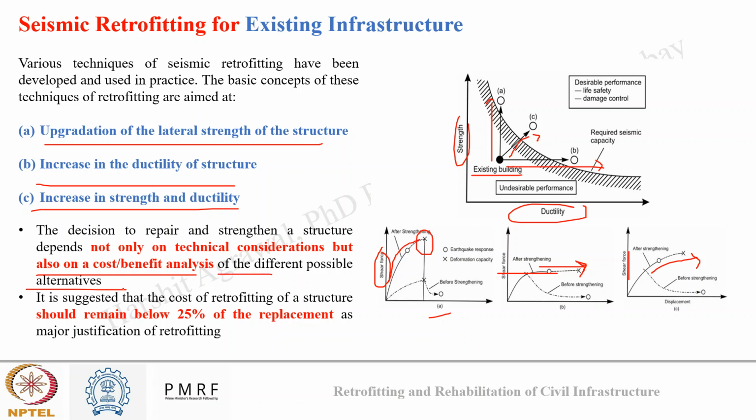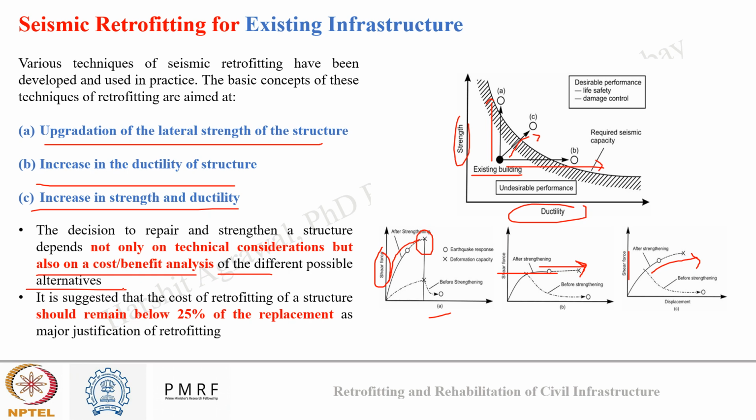For a damaged infrastructure, there can be several alternatives. Whether to repair, not repair, or demolish, all these decisions depend not just on the technical aspects but also on the cost or benefit analysis of that structure.